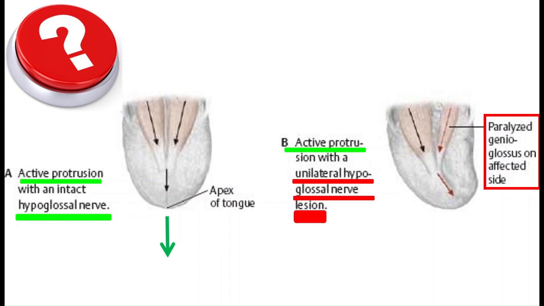Therefore, the tip of the tongue is going to be deviated to the left, because the left is not working and the right one is working well. Therefore, in this case, the tip of the tongue points at the affected side, the paralyzed genioglossus side, and the tongue deviates and points to the affected side.